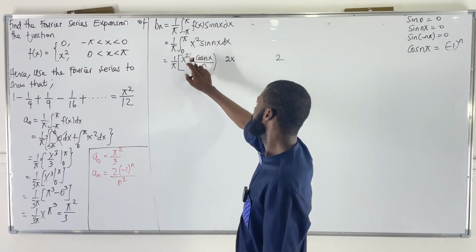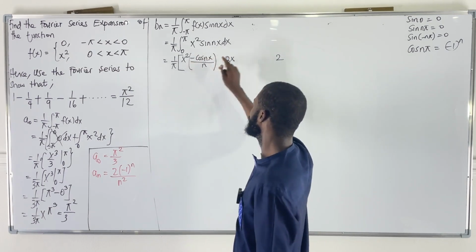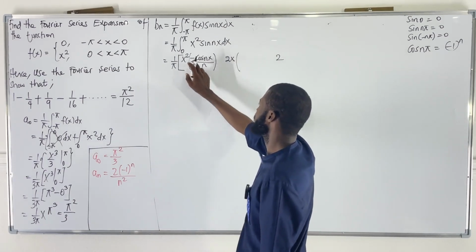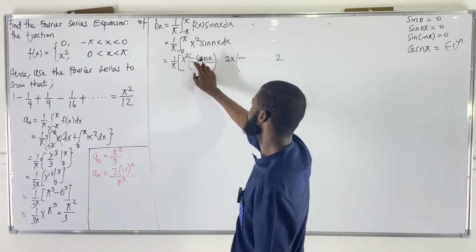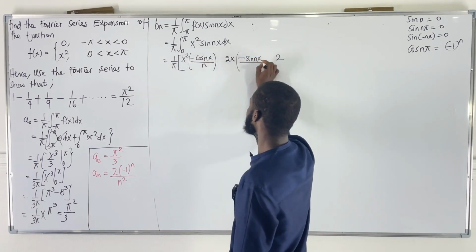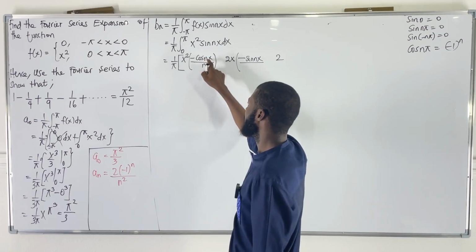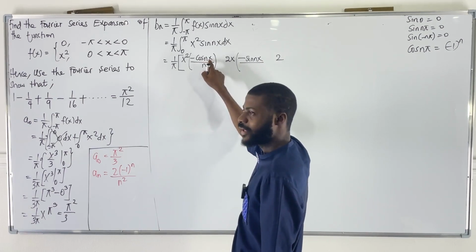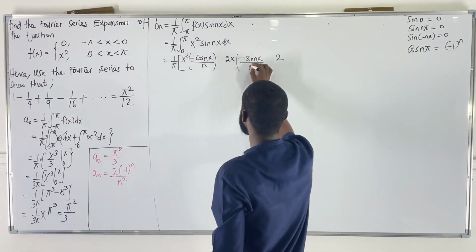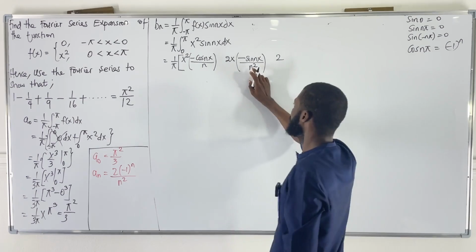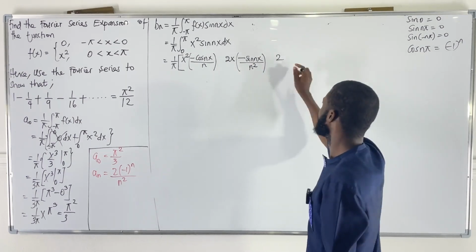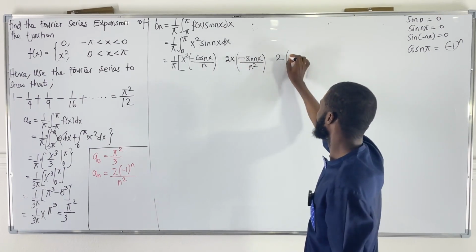Next, this whole bracket here, you need to integrate it again. First of all, this is a minus. Integrate cos, you will have sine nx. Now, you must divide by the derivative of the angle. When you differentiate nx, you're going to have n. But remember that there was an n before. So when the two n's meet, that will be n squared. Now, you need to integrate this expression again. There's a minus here.